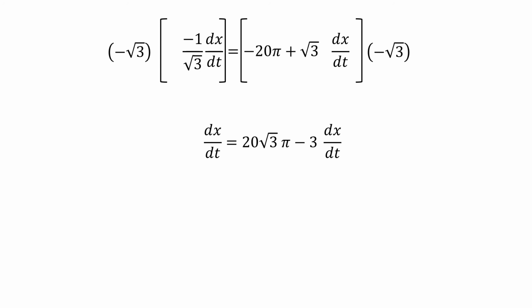Again, I will add 3 dx dt to the left side, and obviously the right side will cancel out. So I will now have 4 dx dt equals 20 square root of 3 times pi. So finally, to get the value for dx dt, I will divide by 4. So the final answer to the problem is 5 square root of 3 pi.